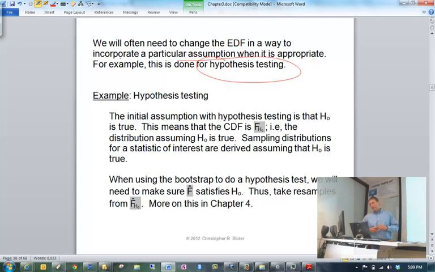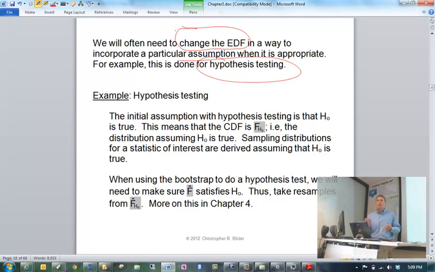Or let me restate this. Often we need to change the EDF. We're doing a non-parametric bootstrap. Often we need to change the EDF in a particular way from being just a regular old EDF to being something else that allows you to incorporate a particular assumption about F.